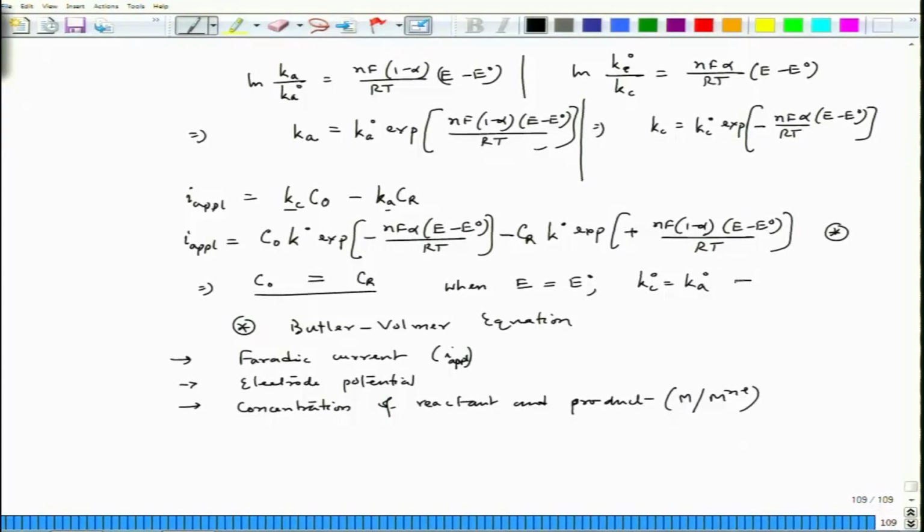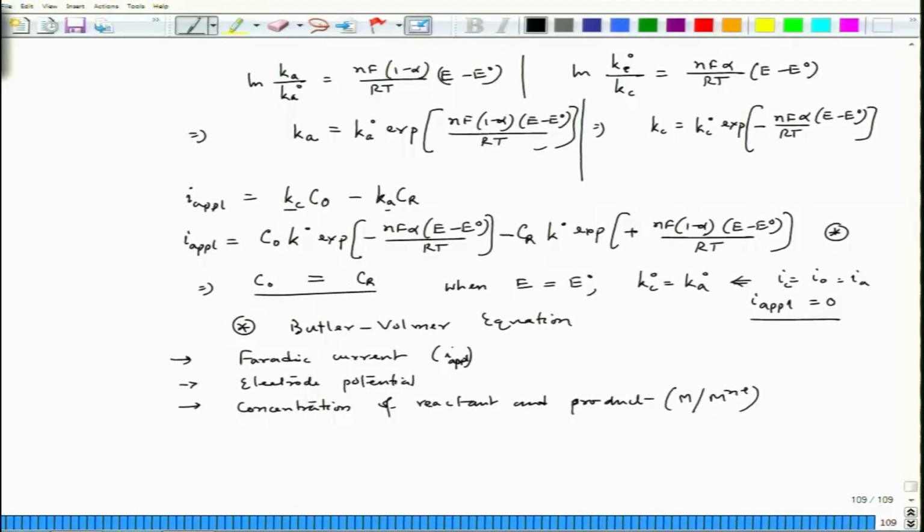Now, this condition is subjected to a situation when I equal to I 0 equal to I A and I applied is equal to 0. The net current flow is 0.